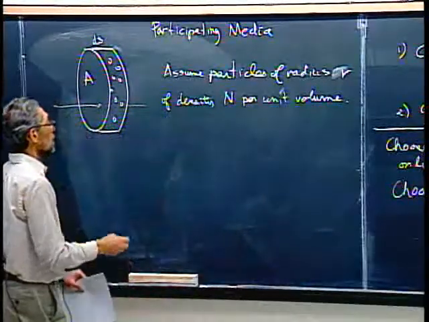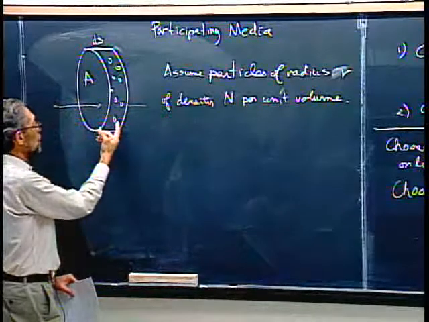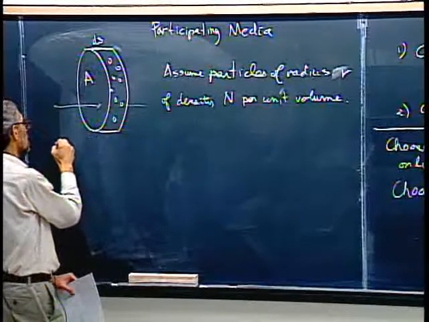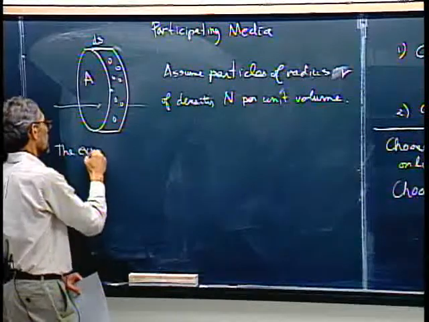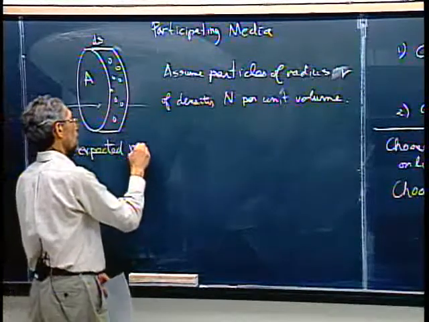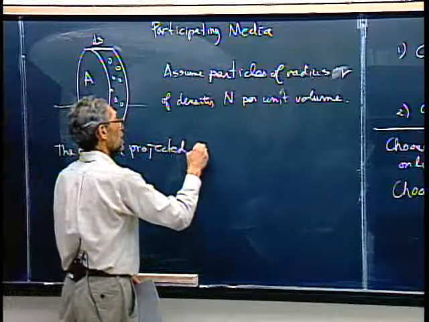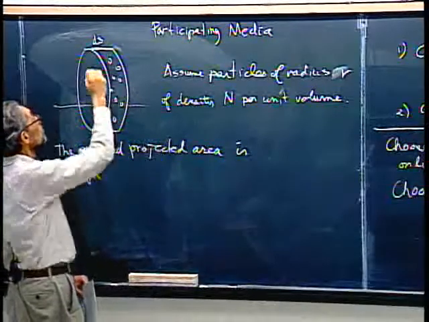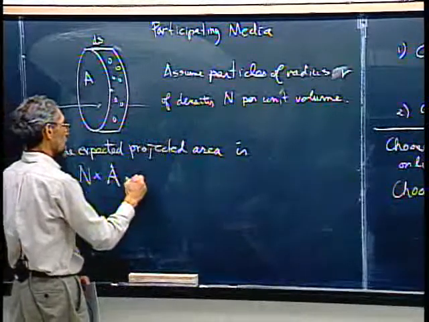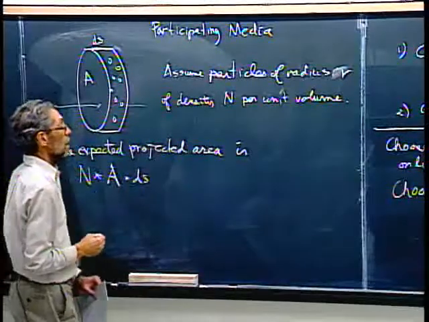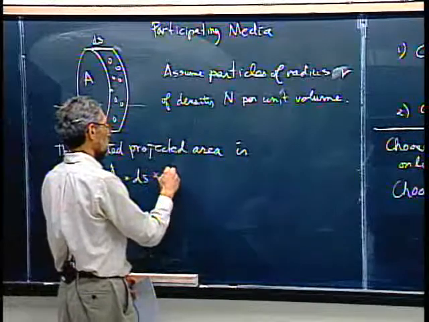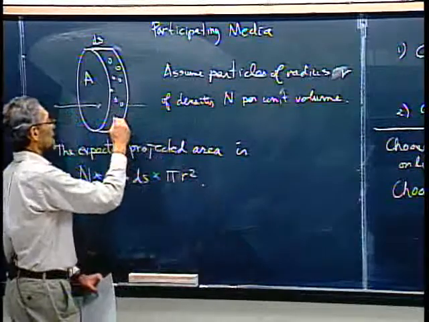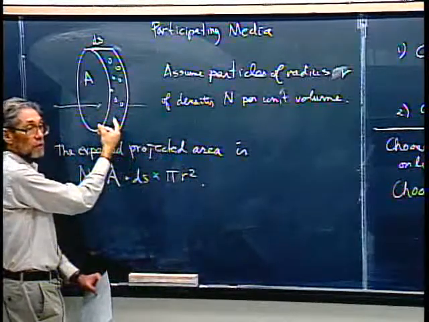And so if we look at the total projected area normal to the beam, which is, say, normal to this surface A, the expected projected area is n per unit volume times the volume, which is A times ds, times pi r squared, the projected area normal to the beam of each of these particles.